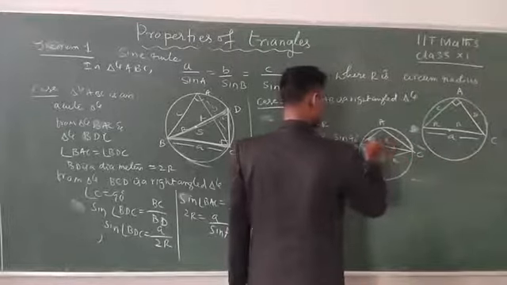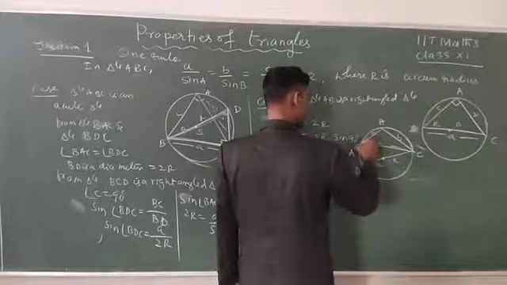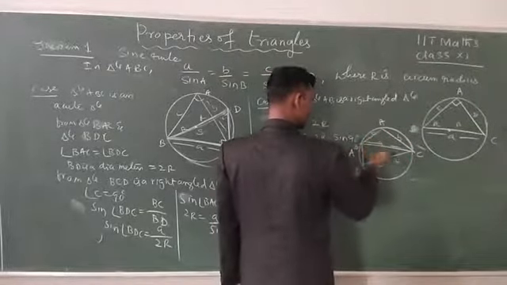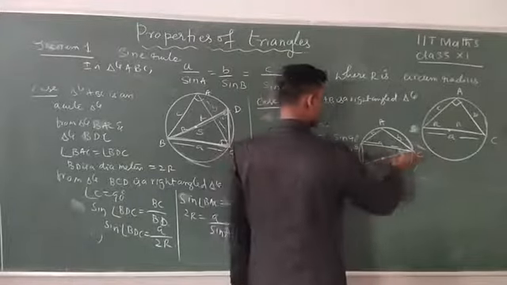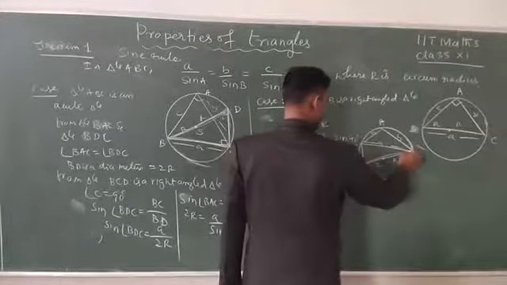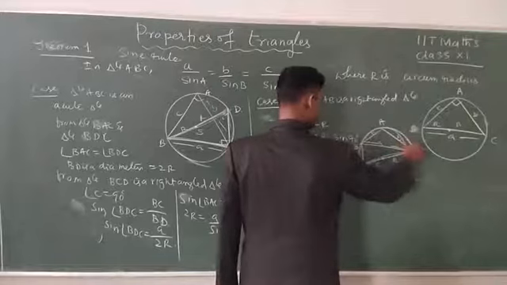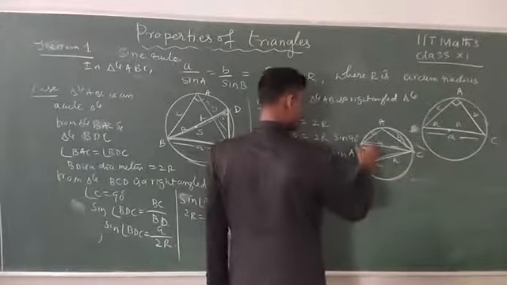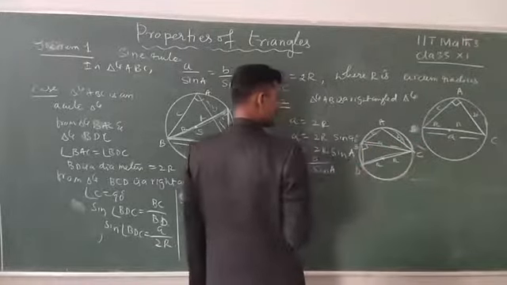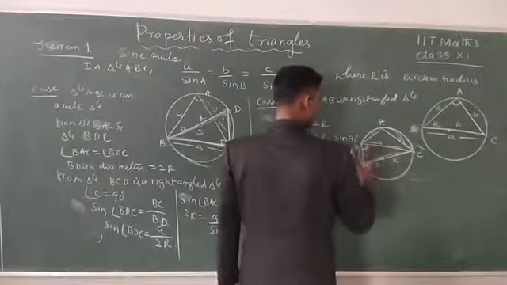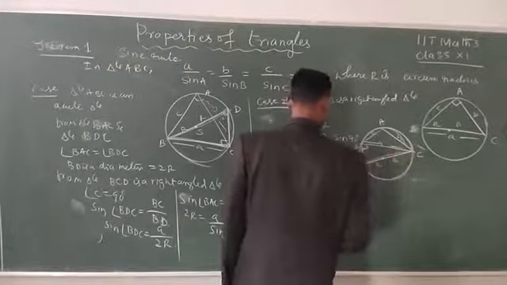Now this is small a, B, C. Now join this. This is the diameter, means this is one semicircle and this is another semicircle. Now there is a right angle at B, and BDC is a right angle triangle.